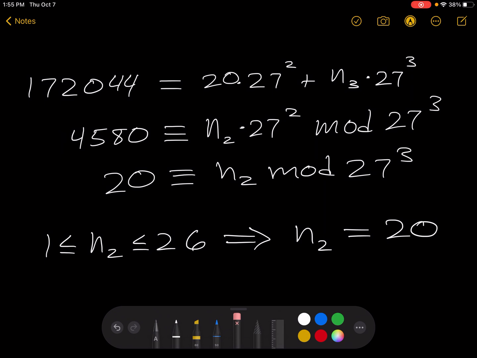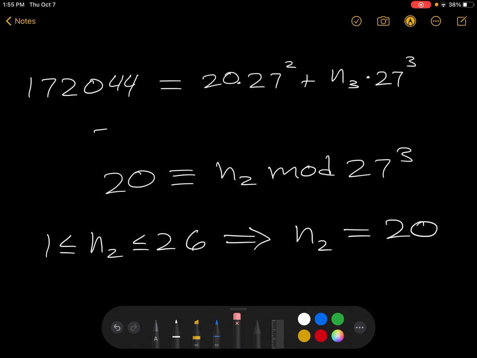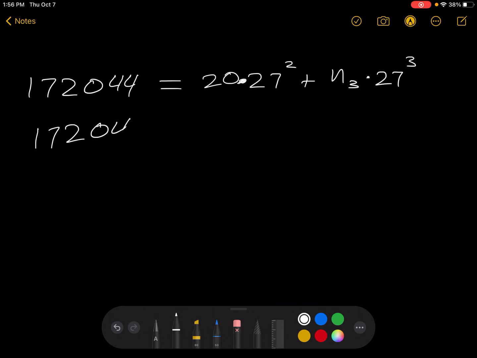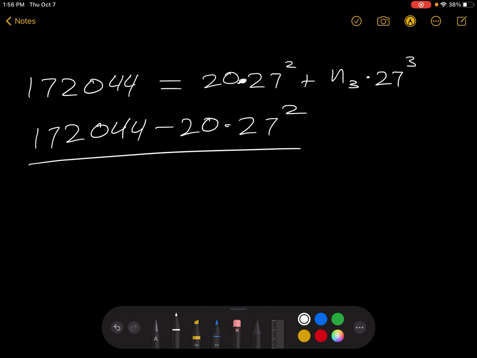Now to find n3, remember this is multiplication there, we see that n3 is going to be 172,044 minus 20 times 27 squared, divided by 27 cubed. And that's how you solve those.